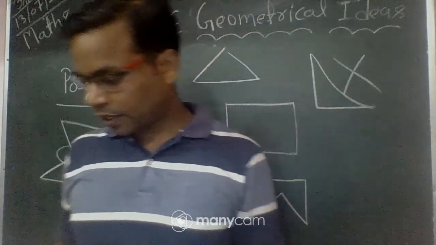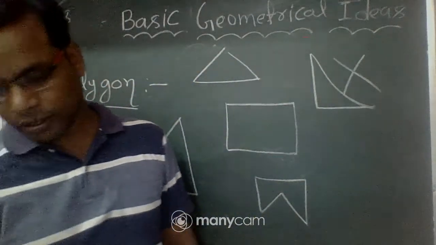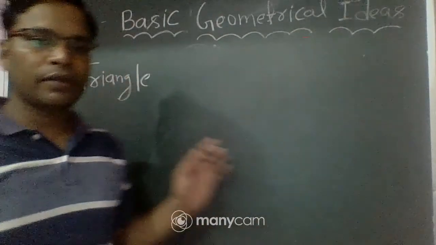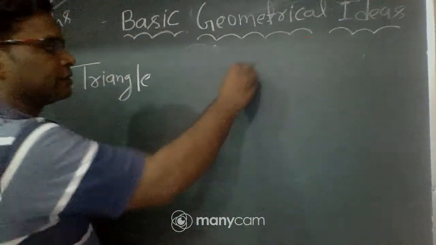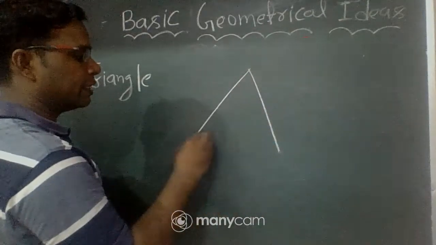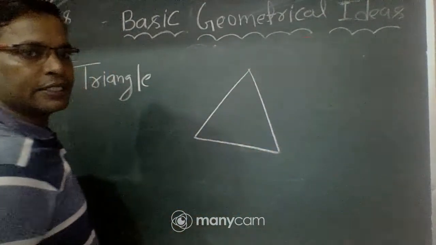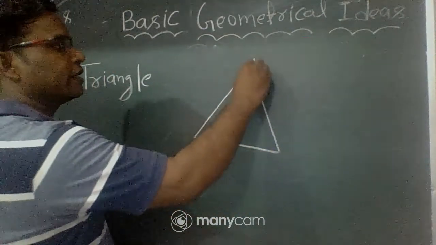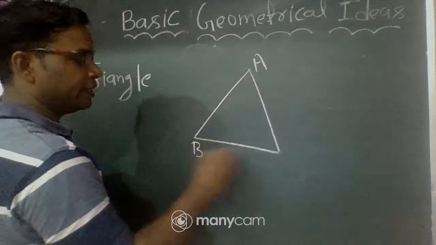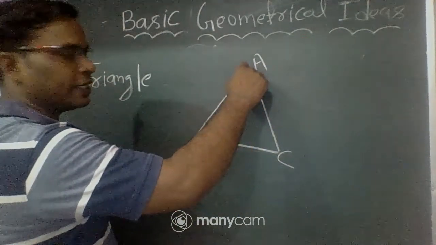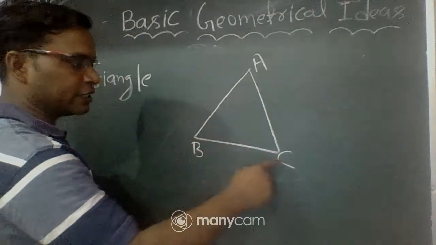Now, this is a triangle, and a triangle is a three-sided polygon. A, B, C. This is A, and A is a vertex. This is called a vertex.